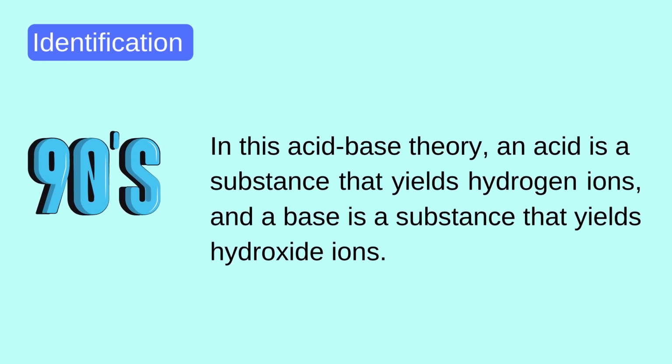In this acid-base theory, an acid is a substance that yields hydrogen ions, and a base is a substance that yields hydroxide ions.